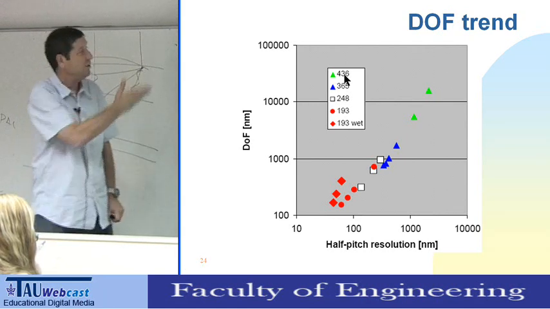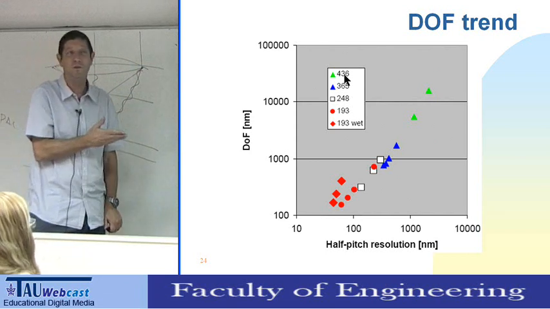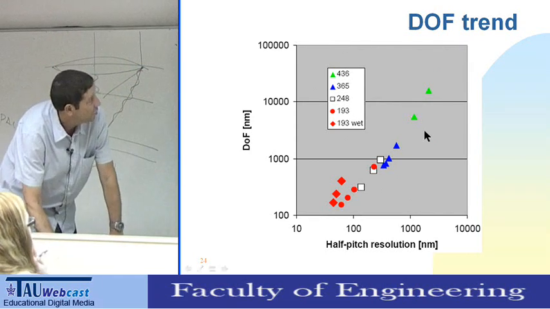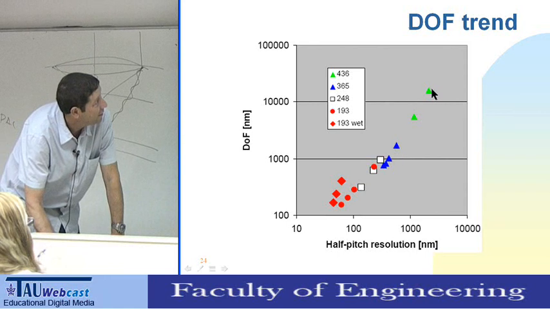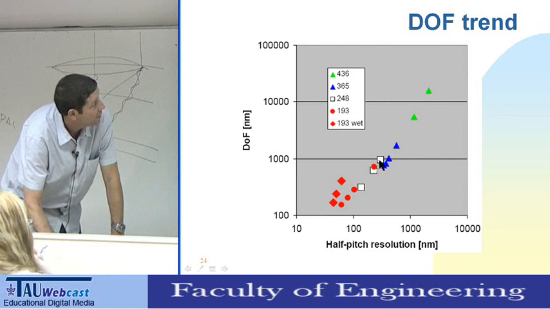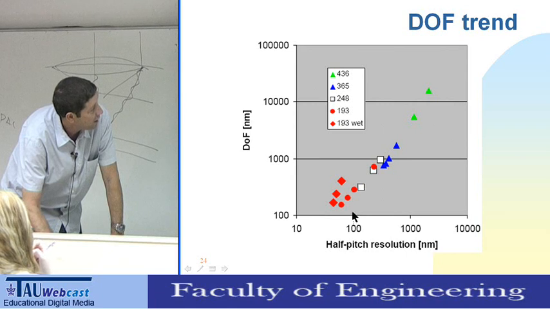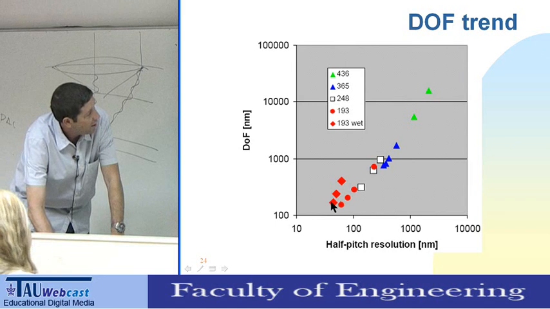So what you see here is a graph of almost 20 years of lithography. This is the I line, this is the G line, these are the excimer lasers. And when the resolution was 100 nanometers, the depth of focus was about 300 nanometers.